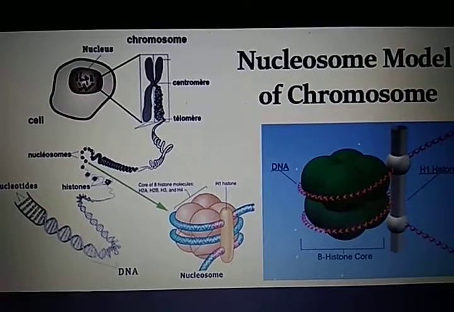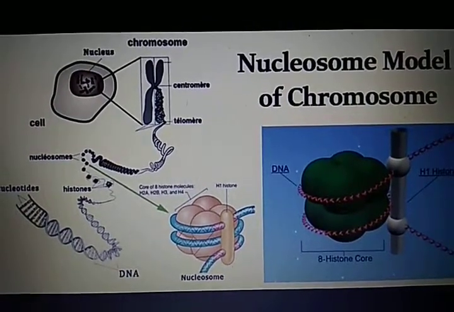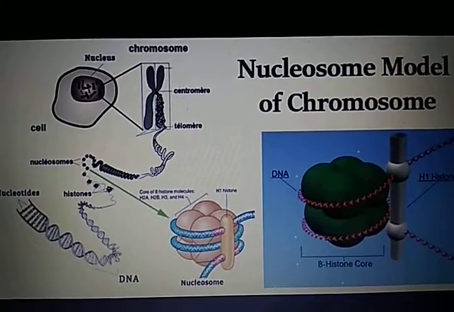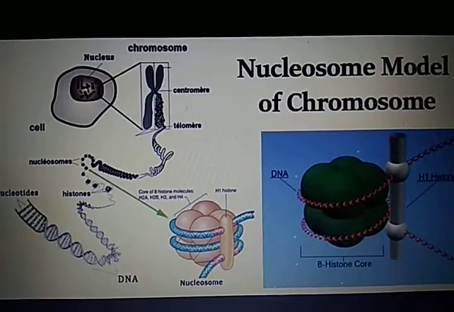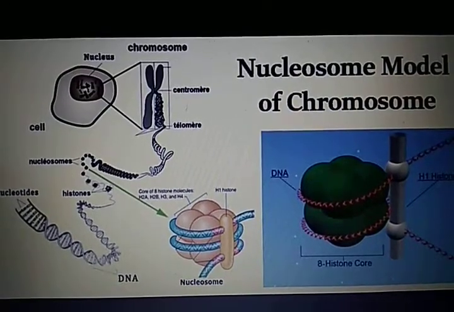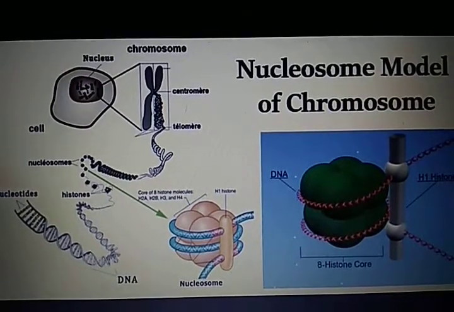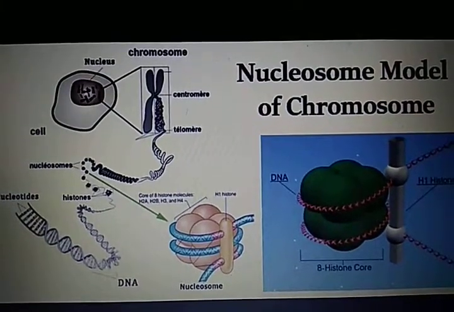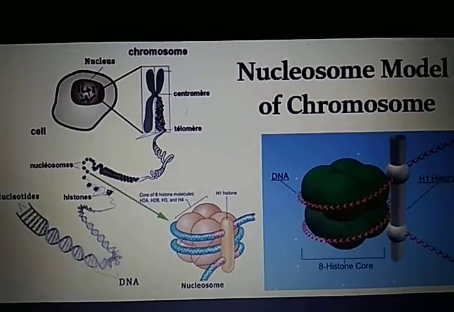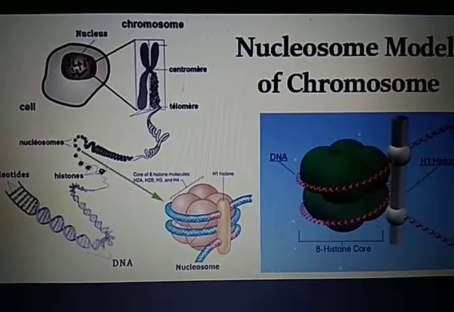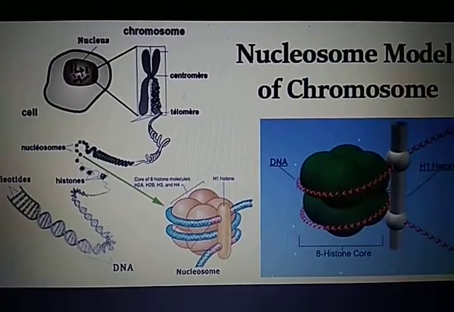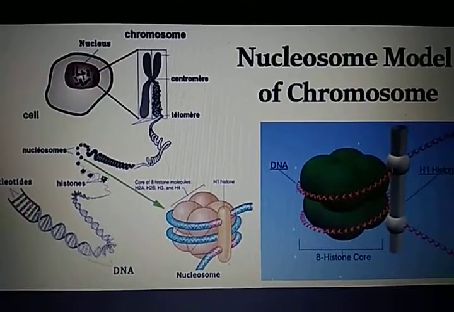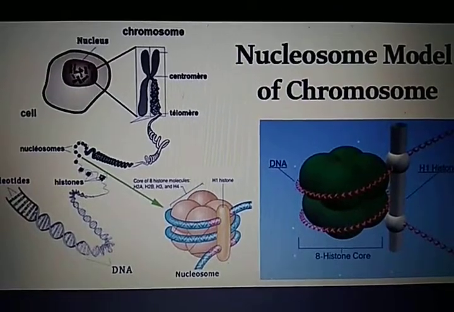Actually, the histone protein is an octamer, and it consists of H2A, H2B, H3, and H4, all 2 units. So there are a total of 8 units. After that, H1 combines with that structure. Let us understand each of these steps one by one.